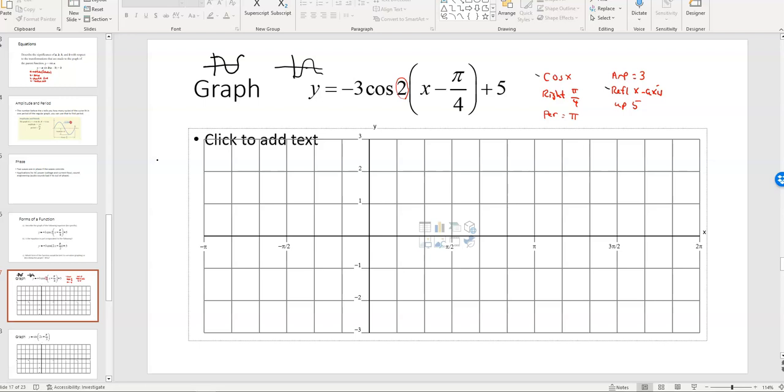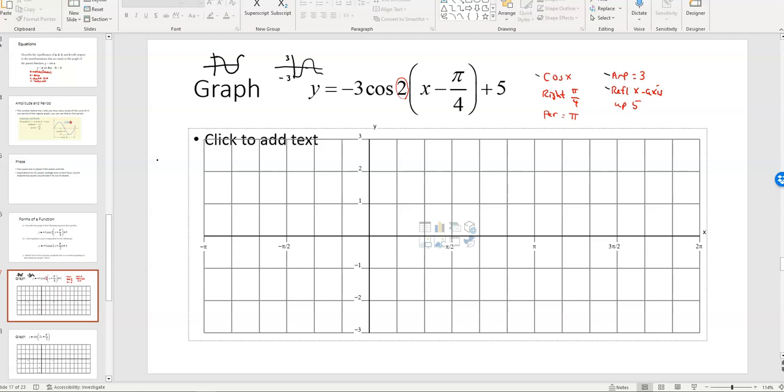Now, it needs to do two things in sort of a specific order. It needs to move to the right pi over 4, and then it needs its period to change from 2 pi to pi. The other thing that's going to change is the amplitude, and actually I can change that now. Instead of going from negative 1 to 1, look at that. By math magic, it now goes from negative 3 to 3.